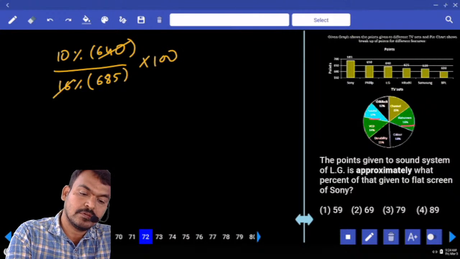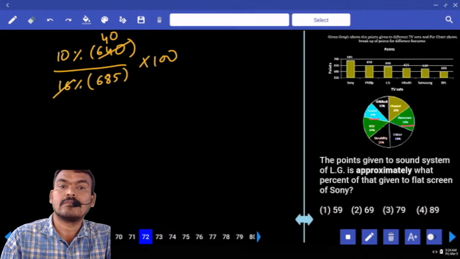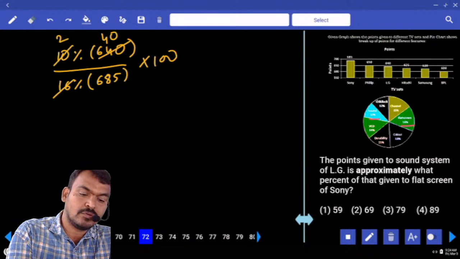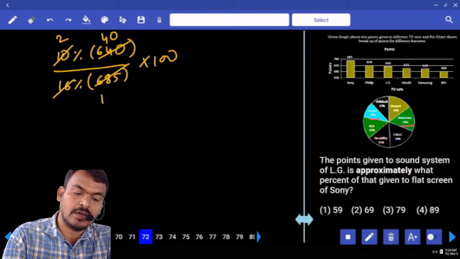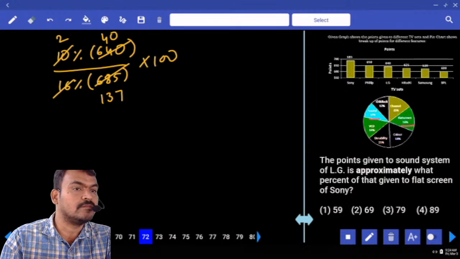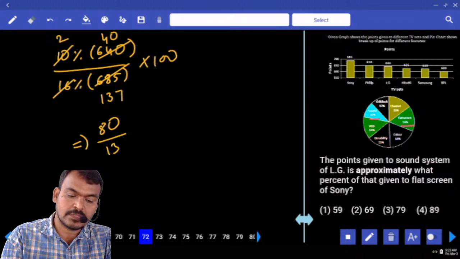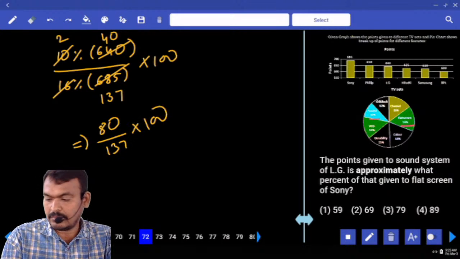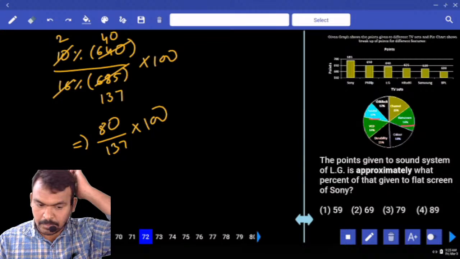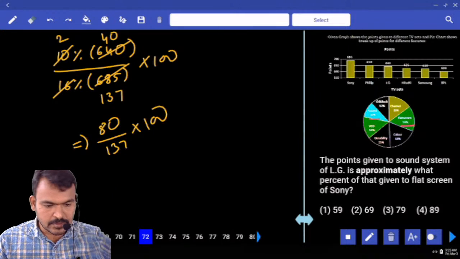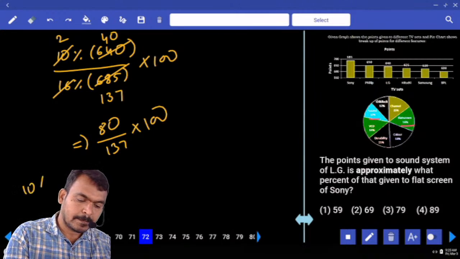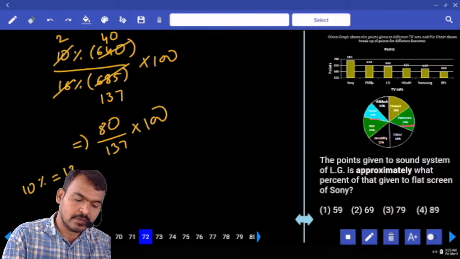16 how many times? 40 times. 5 how many times? 2 times. 5 how many times? 137. It is 80 by which one? 137 into 100. Do we require approximate percent or exact percentage? Approximate percent. What is the 10%? 13.7.